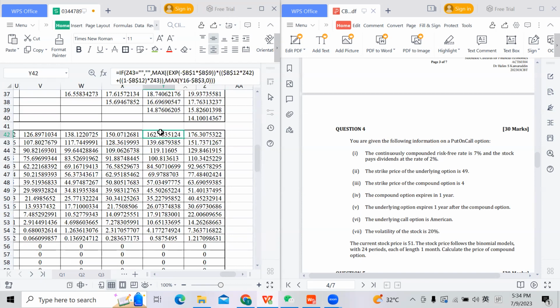To calculate the previous call prices, we also use an Excel formula.